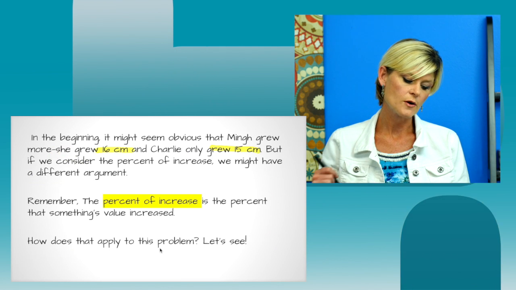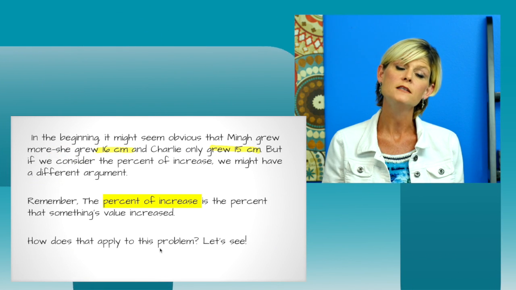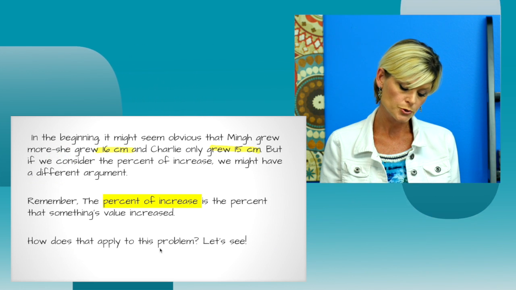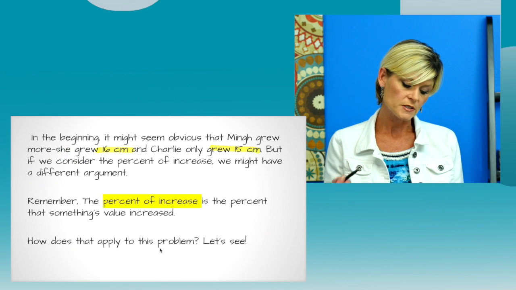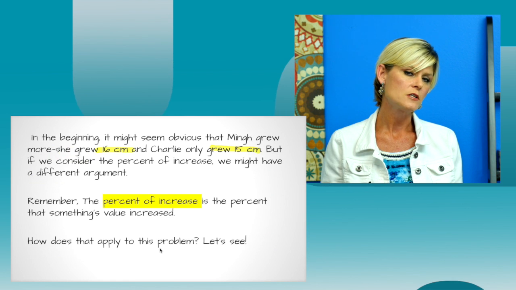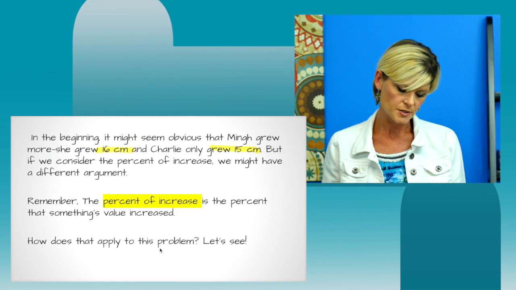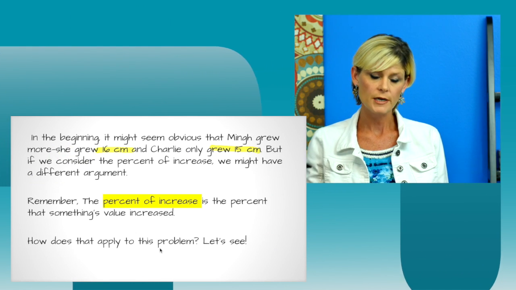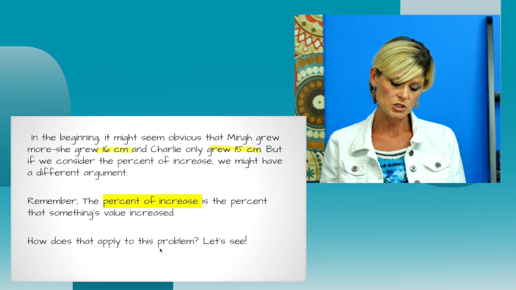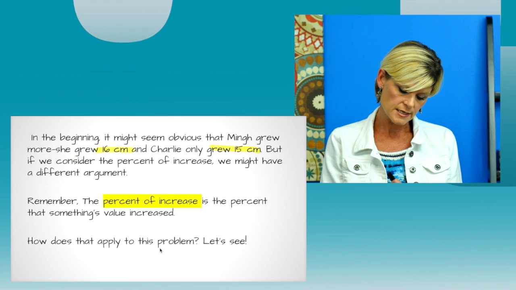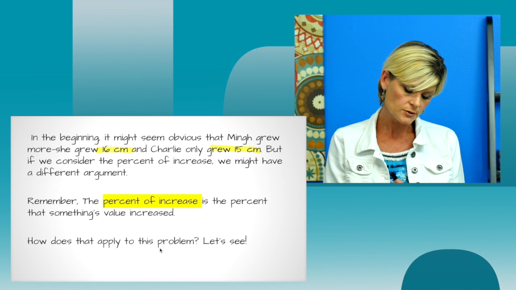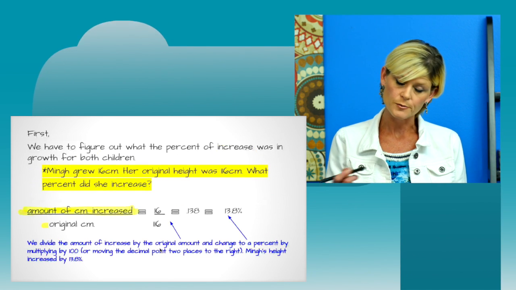So first we have to figure out what the percent of increase in growth was for both of the children. So we know that Ming grew 16 centimeters and that her original height was 116 centimeters. Now we're asking the question, what percent did she increase? So we're just going to set it up like this: the amount of centimeters increased over the original amount.